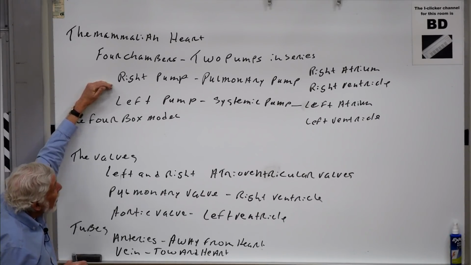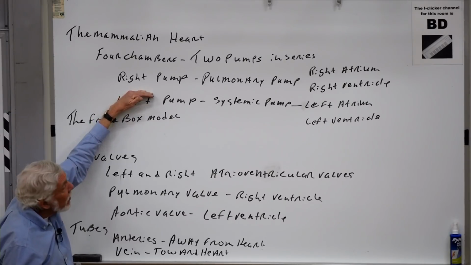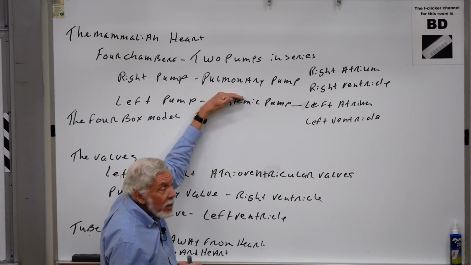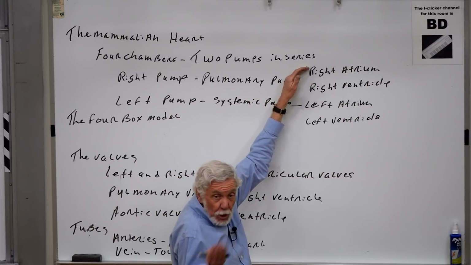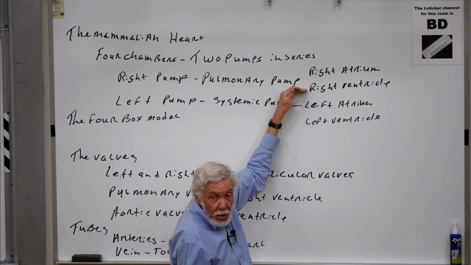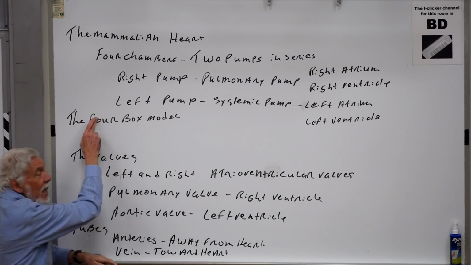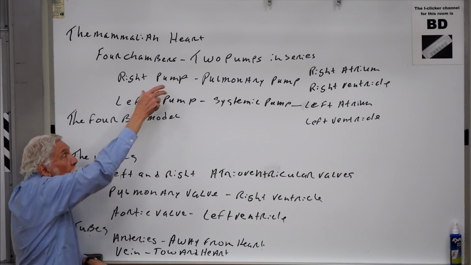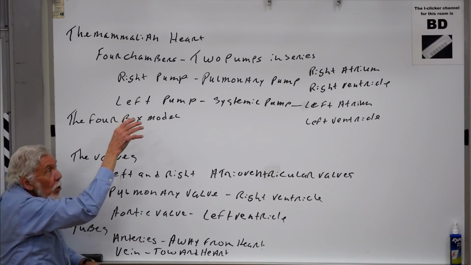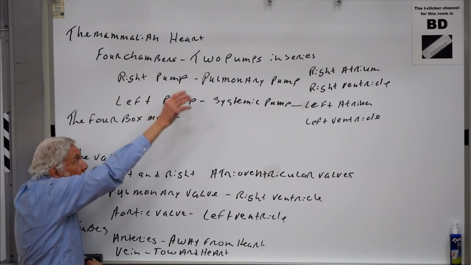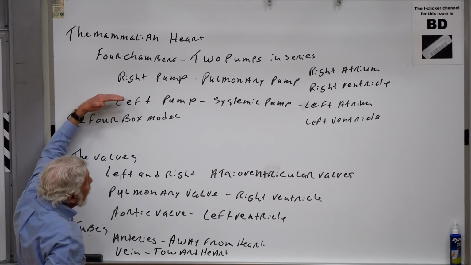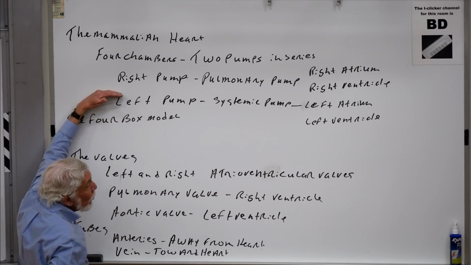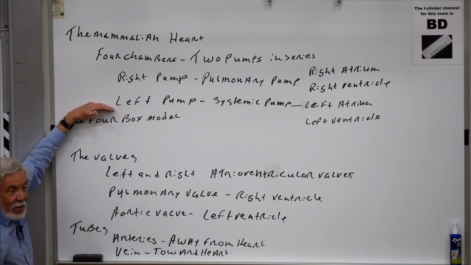We see a pump, which we're going to call the right pump. This is the pulmonary pump. It's dedicated to pumping blood to the oxygenating organ, which in birds and mammals, of course, will be the lung. Then the blood which is pumped through the pulmonary circuit to the lung in birds and mammals, that pump now is going to be pumping the blood through the pulmonary capillary beds and returning that blood back to the left pump.